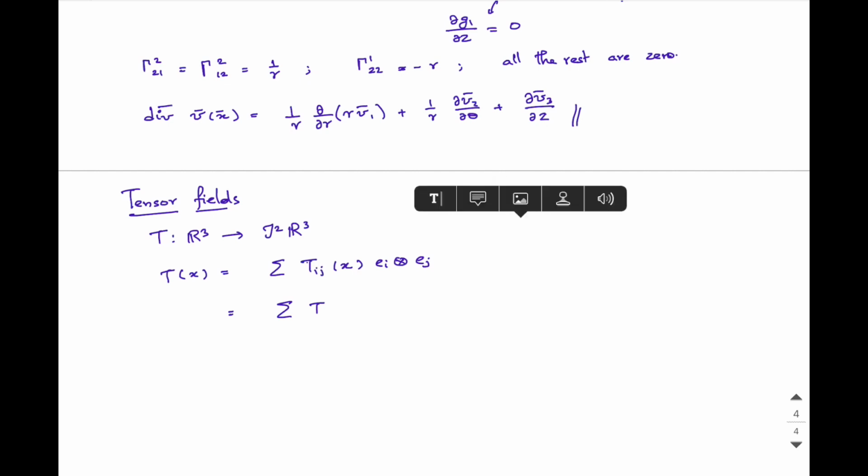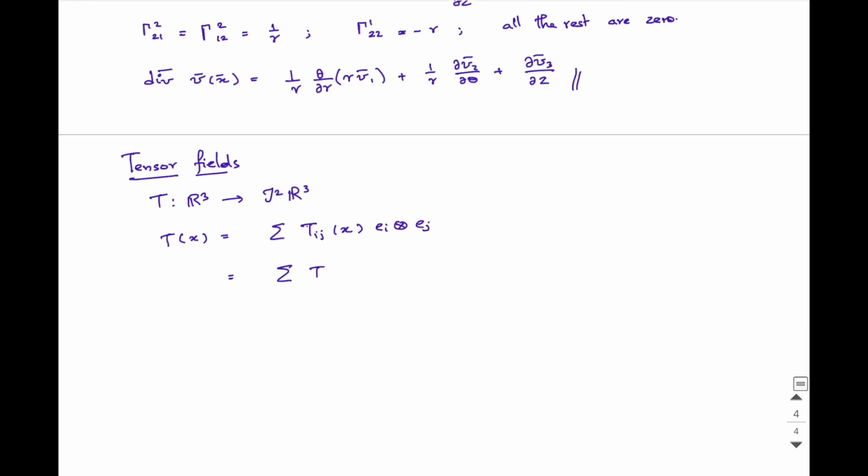Sorry about that. So it's going to be t ij. And finally, if you write it in terms of a generalized coordinate system, it's going to be t bar ij of x bar, g i tensor product g j.